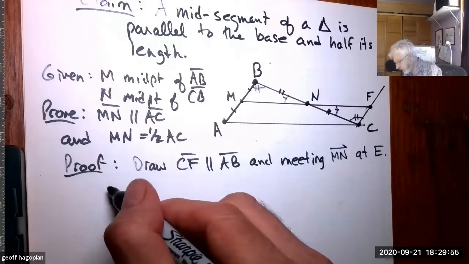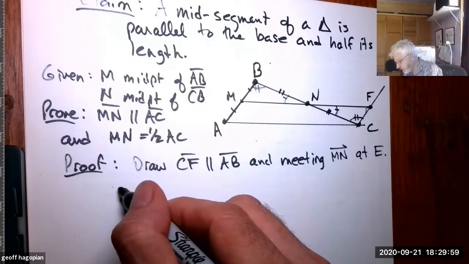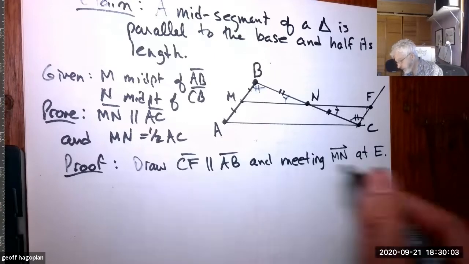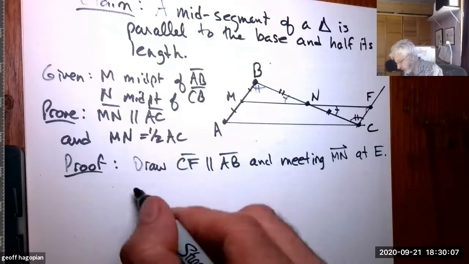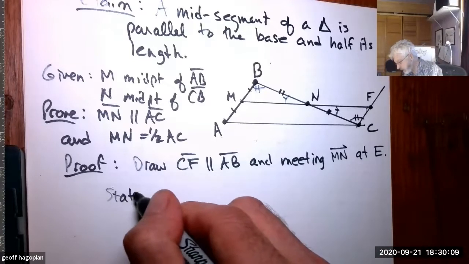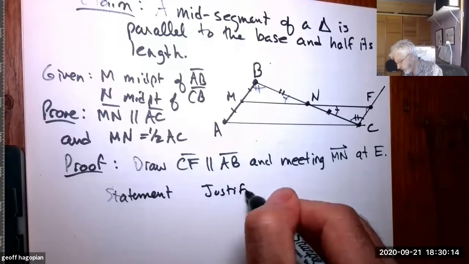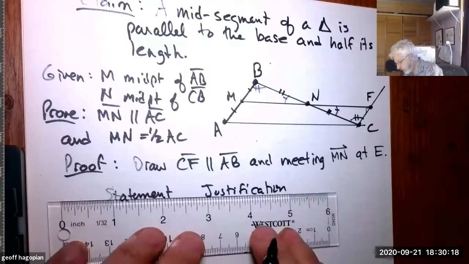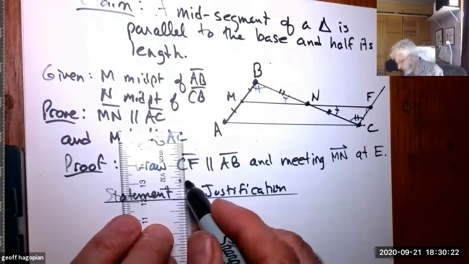So we did this construction, right? That's allowed axiomatically. So I'm going to say statement and justification. We'll do the 2 columns here. And maybe make some nice guiding lines to help us.